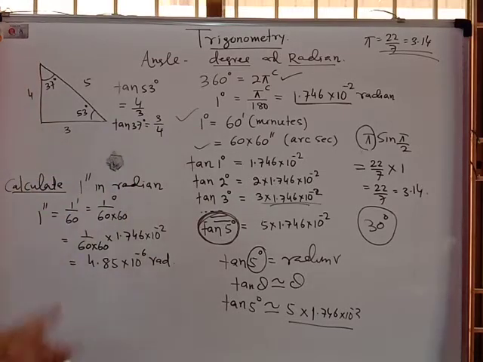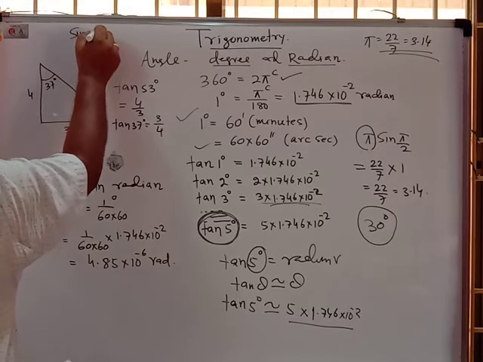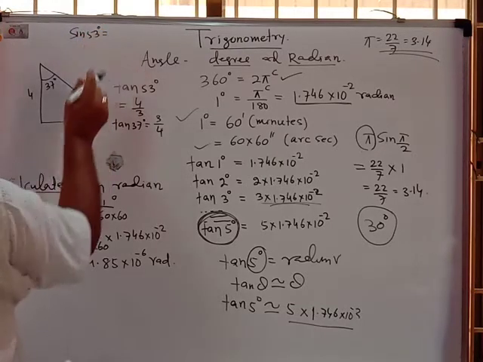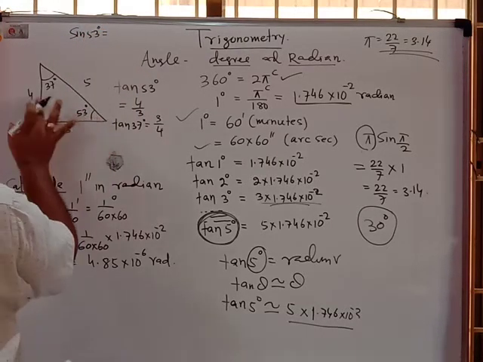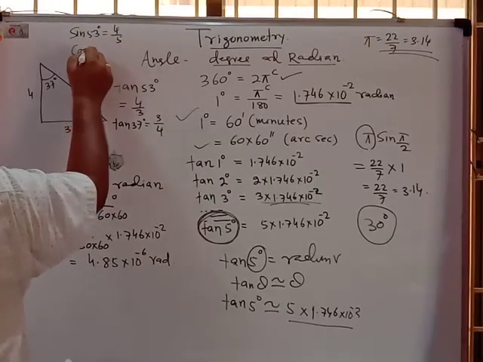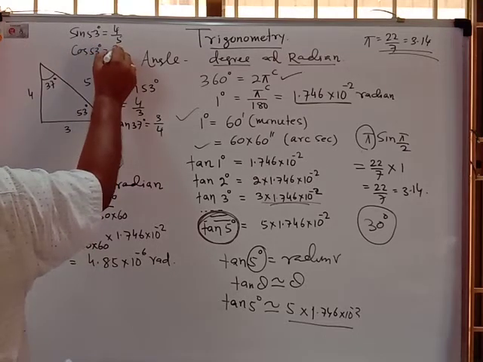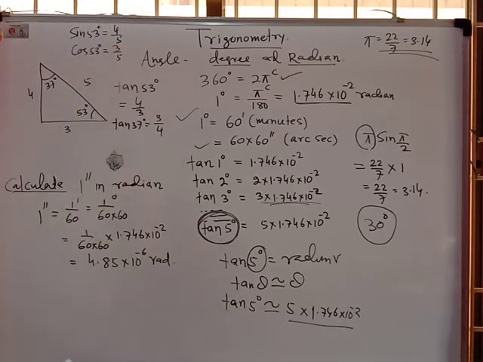We can calculate in this manner. Similarly, sine 53 degree will be equal to P upon H, 4 upon 5. If you talk about cos 53 degree, you are getting 3 upon 5.